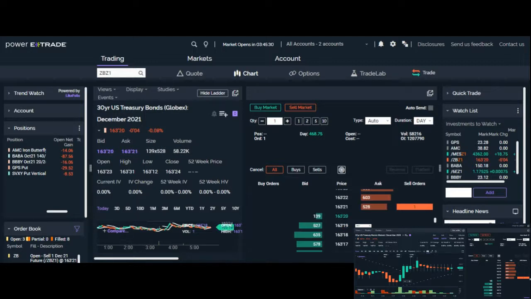Okay, we're getting a little closer now. As you can see, the people are buying at 63.20, and so I'm getting a little bit closer. So maybe we'll watch it here for a couple more minutes and see what happens.